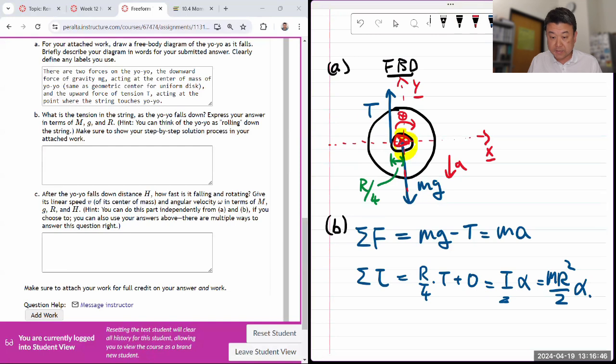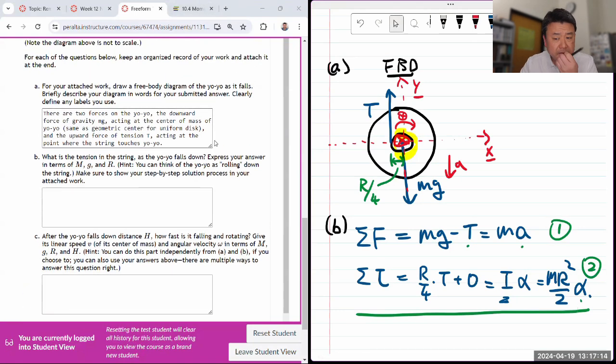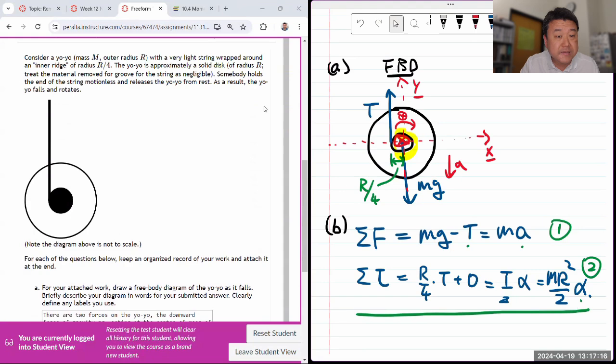So this is the end of the standard strategy. And before you start doing any algebra, you should do this check: are my system of equations solvable? I have two equations. So it's a question of, do I have only two unknowns or more? Counting, I don't know tension, I don't know acceleration, I don't know angular acceleration, and am I given the mass?